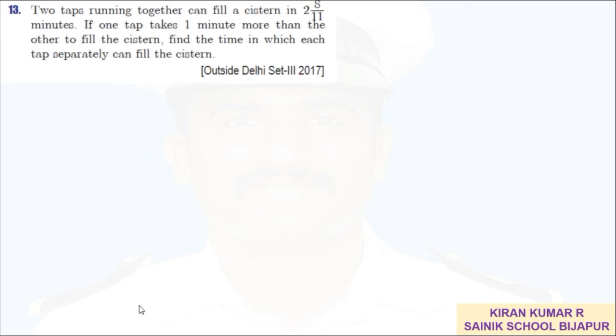Question 13 and question 12 are almost the same. In this case also, you'll get 2 values, and one of the values obtained is 5 minutes and another value obtained is 6 minutes. I want you to try this out.